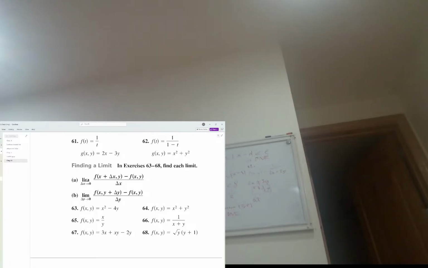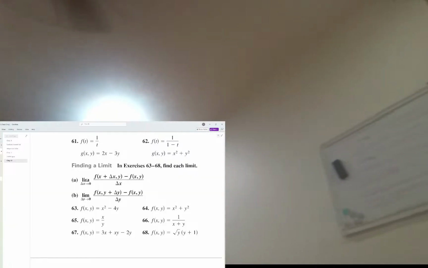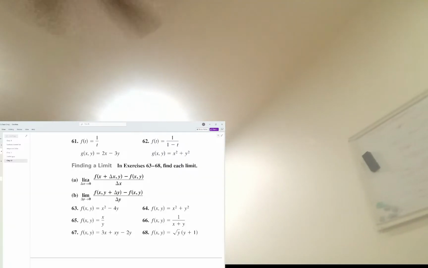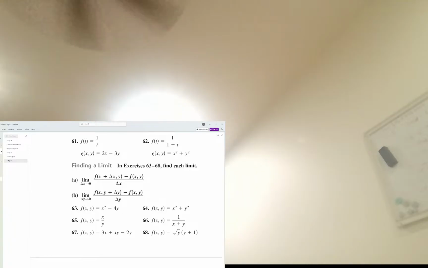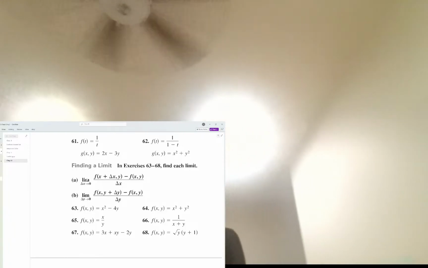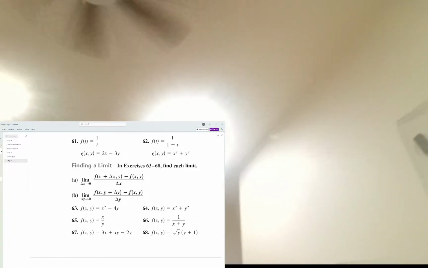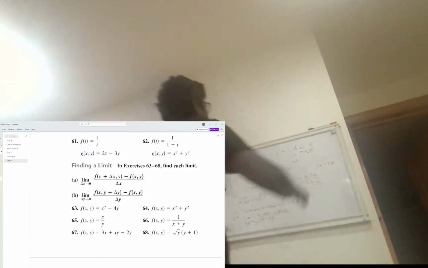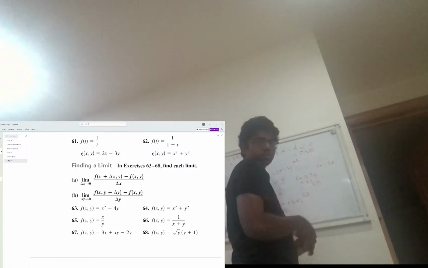So it's basically as if you're finding this derivative, which is going to be equivalent to the partial with respect to x and the partial with respect to y. So let's just take the partial, right? That feels like the easiest and simplest way to do it. So let's do it that way.